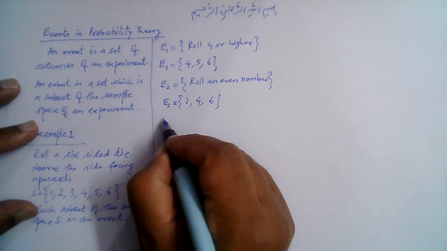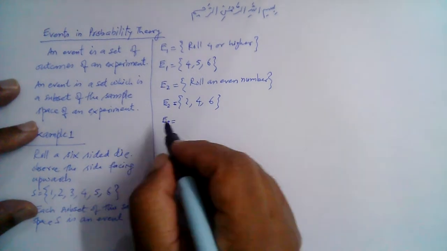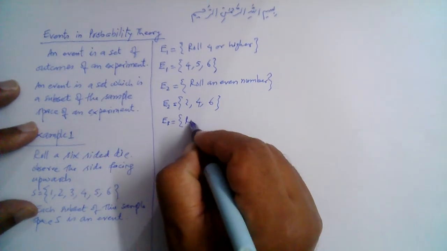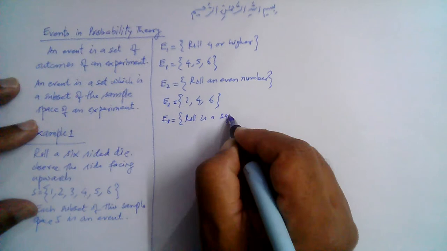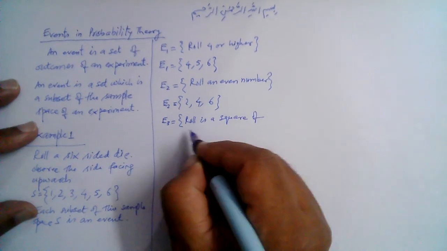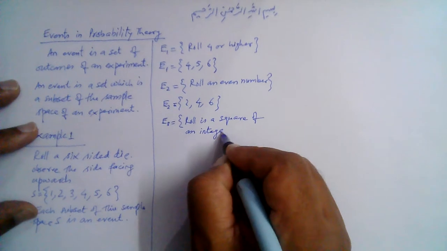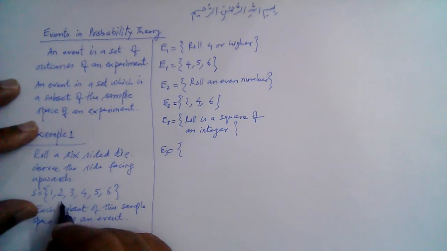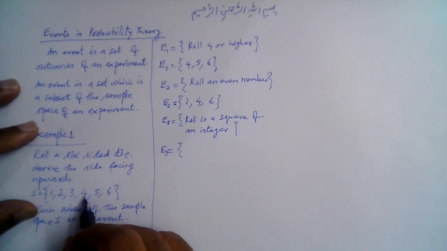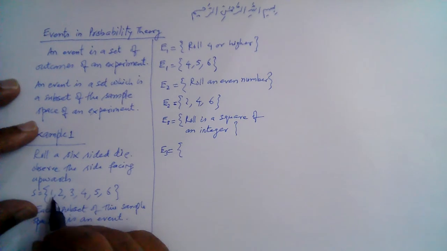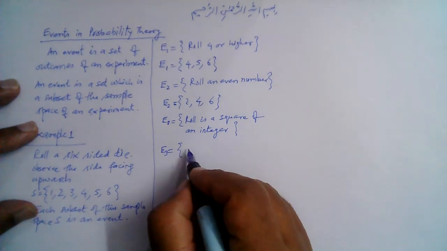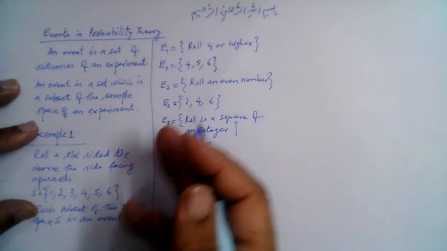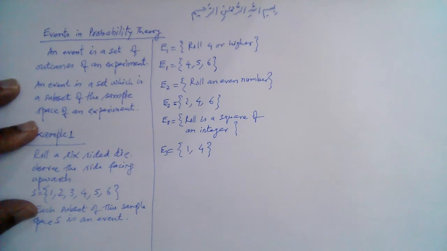Another event can be, for example, E3: roll is a square of an integer. So you see, of all these numbers, only 1 and 4 can be square. 1 is a square of 1 and 4 is a square of 2, right? So E3 is either 1 or 4. So 3 possible events of the many possible events.